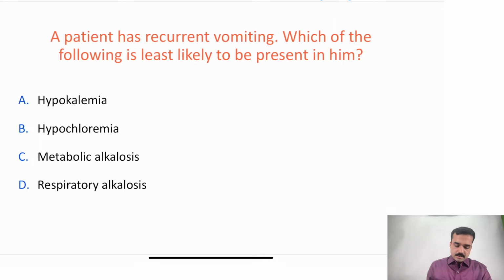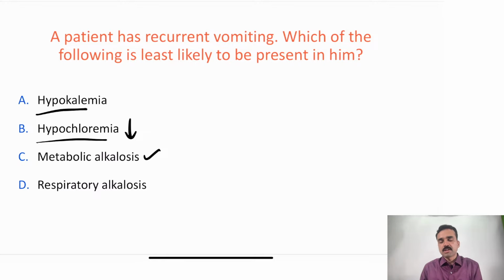Patient with recurrent vomiting, obviously you expect the patient is losing HCl. Once they have lost HCl, definitely chloride levels will go down, proton levels will go down. So the patient will have metabolic alkalosis and hypochloremia, and as a result also hypokalemia. Hypokalemia is because when there is vomiting, there is a drop in intravascular volume.